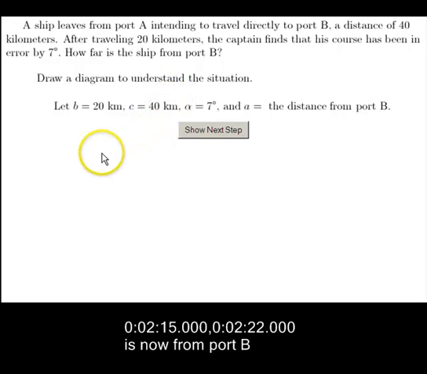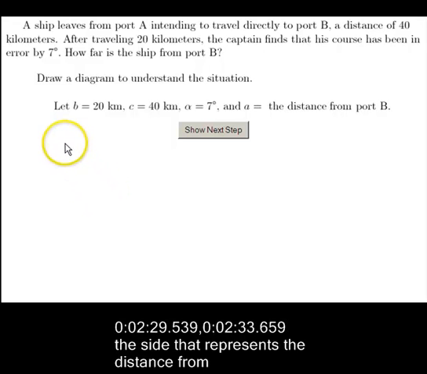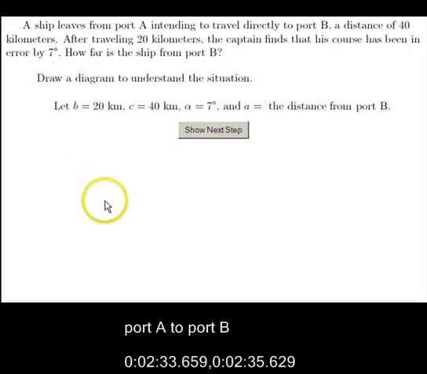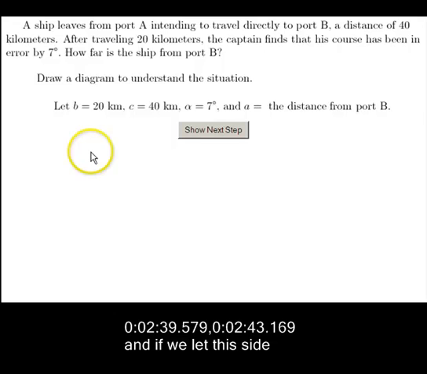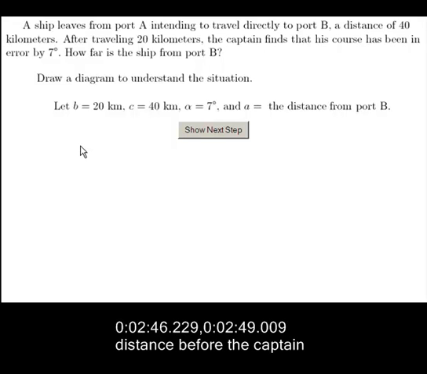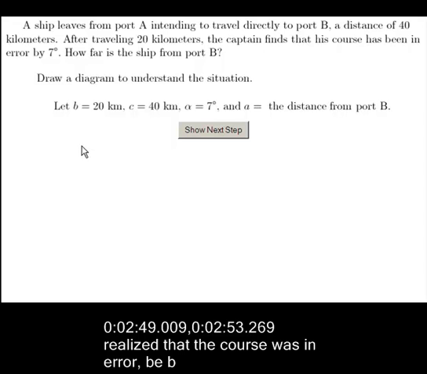So if we let this side, the side that represents the distance from A to B, be C, we have C equals 40 kilometers. And if we let this side that represents the distance before the captain realized that the course was in error be B, then we have B equals 20 kilometers.